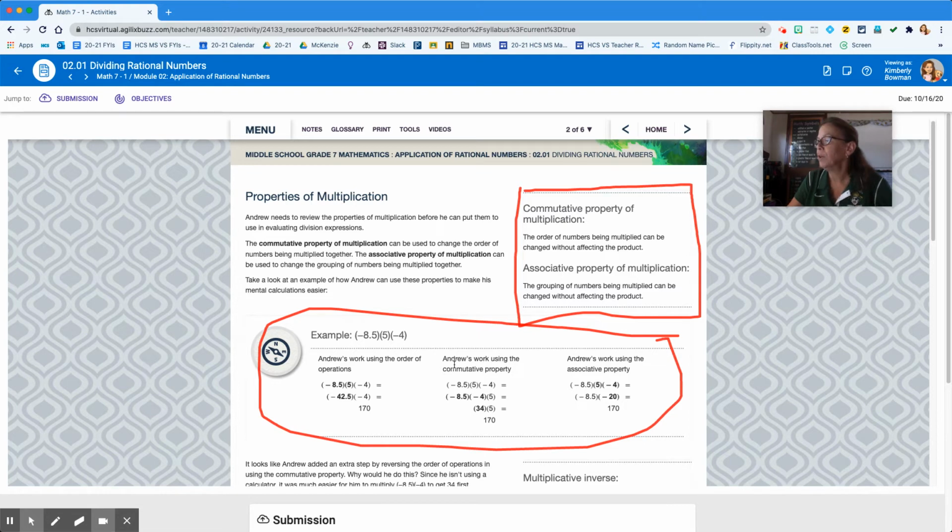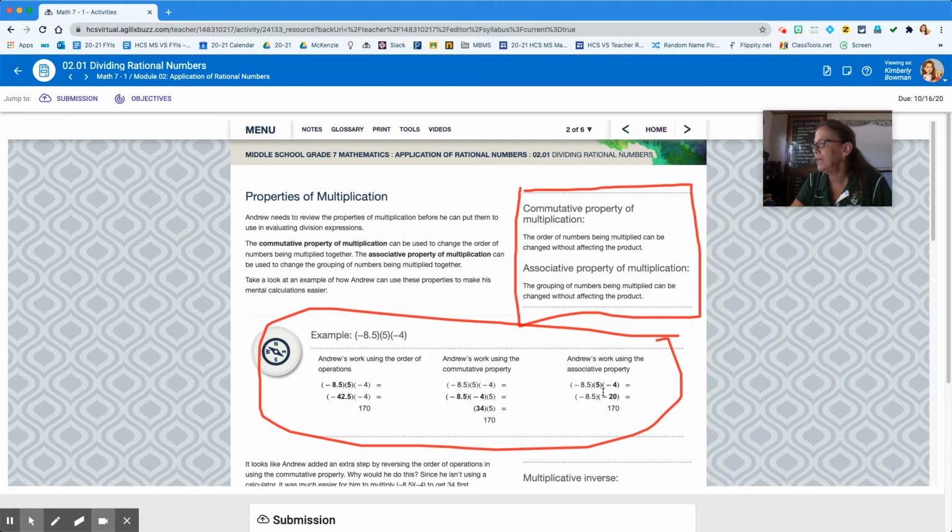Then over here, it says he's using the commutative property because he moved the negative 4. He did that so he would get a whole number or an integer of 34 when he multiplied times negative 8.5. And then he can easily multiply that in his head, I guess, or using a calculator.